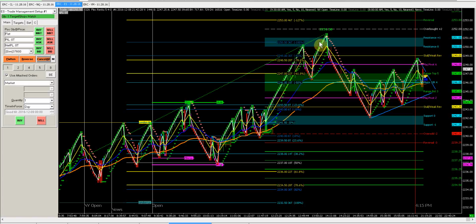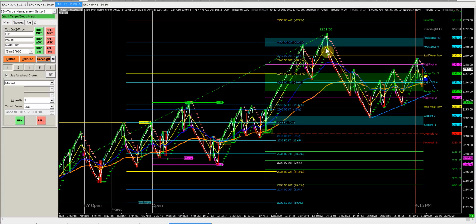Wait until it comes up here past the top of resistance or the middle of resistance, and then once it comes down here, you get into a short position. You put your stop right there, same as you would put your stop right here at support -1. You'd put your stop at resistance +1. You get into a short position, you ride it right back down to support. And see, that would have worked out really well this afternoon.